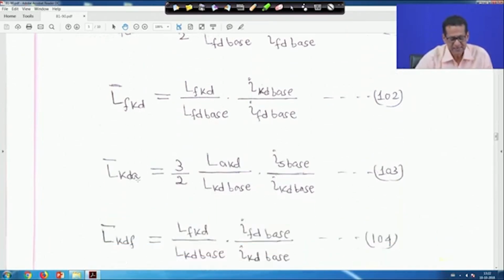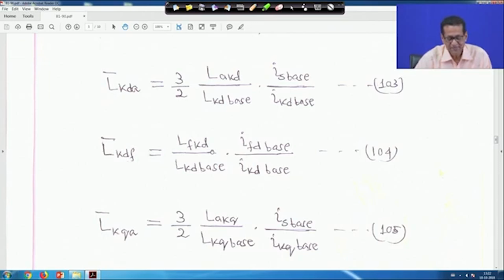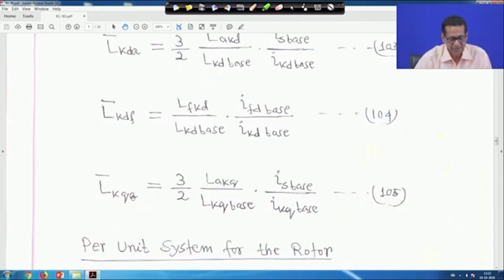Similarly, LKDA bar is equal to 3 by 2 LAKD upon LKD base into IS base upon IKD base, right. Similarly, LKDF bar will be LFKD upon LKD base into IFD base upon IKD base. This is equation 104, right. Similarly, LKQA bar is equal to 3 by 2 LAKQ upon LKQ base into IS base upon IKQ base.